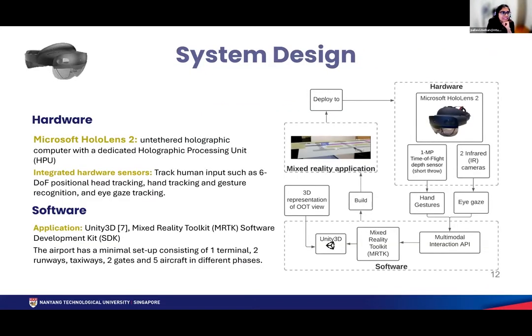So this is the overall system concept. Let's dive a little bit deeper with an overview of the system design. Now let's see how the various hardware and software components of our system are connected. So for hardware, we use Microsoft HoloLens 2, which comes with several different embedded sensors that track human input. So this tracks, in particular for our system, eye gaze information and hand gesture information, which is then processed by the multimodal interaction model that we have designed.